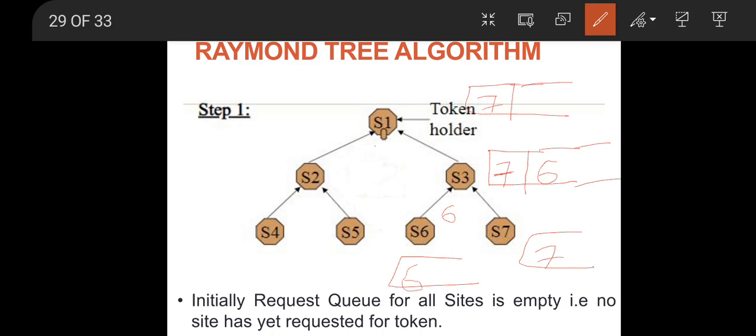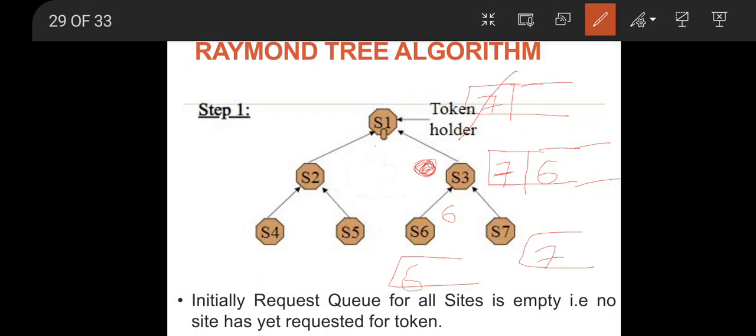and its copy will not be forwarded to S1. Now what happens is that when S1 finishes the execution, the token will be sent after removing the top entry from the set, that is, 7 will be removed. 7 had come from S3, so the token will be sent to S3.